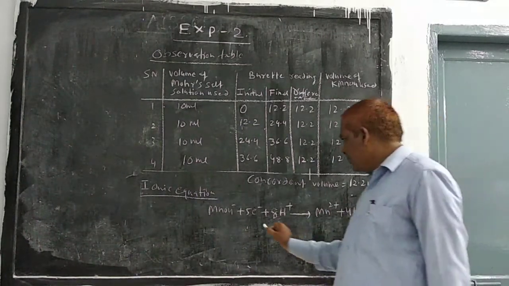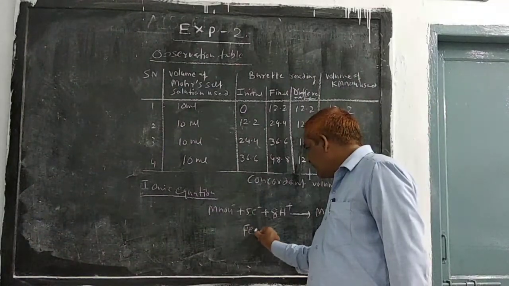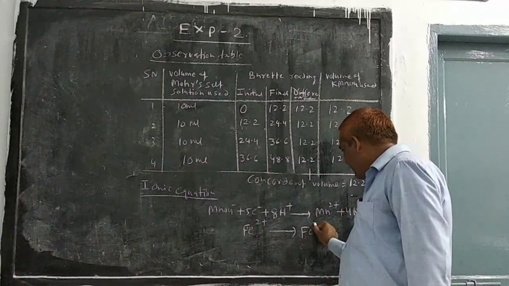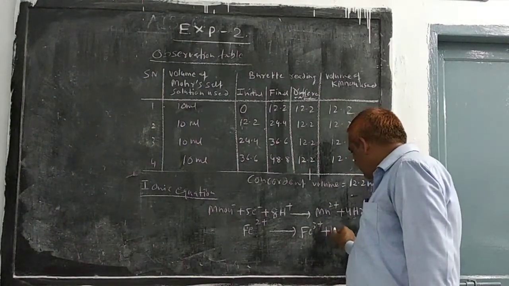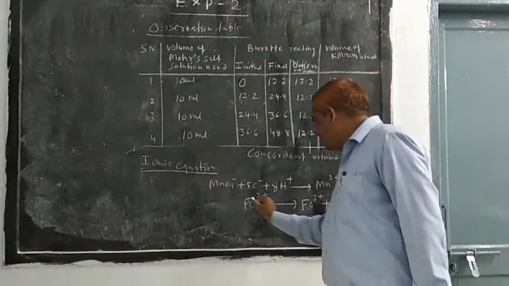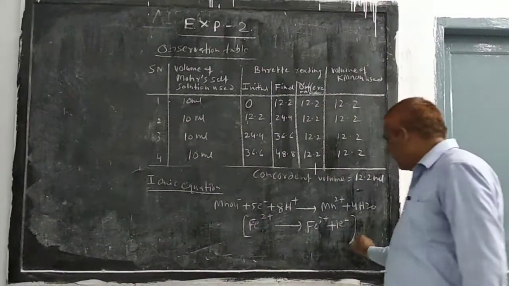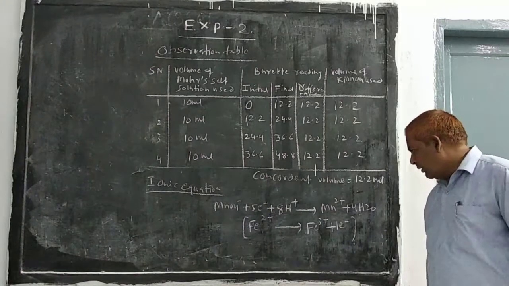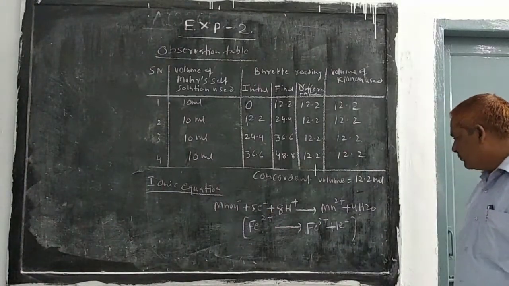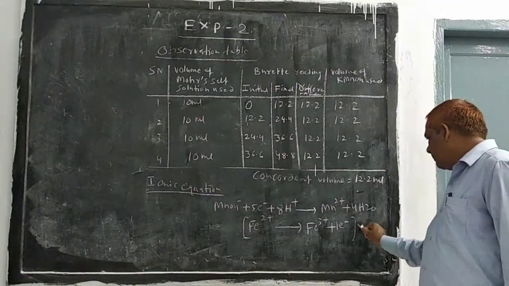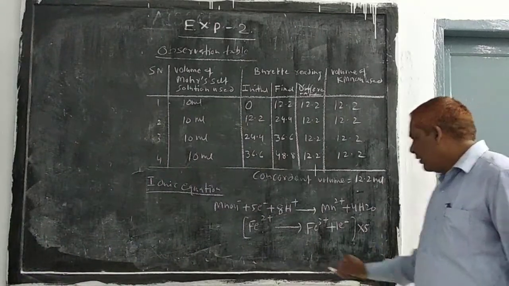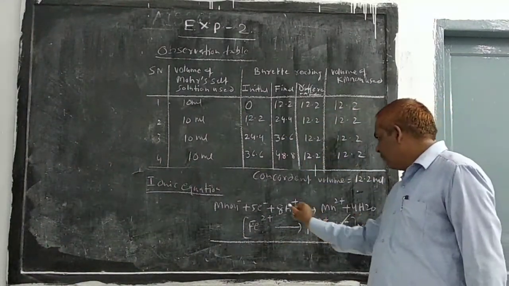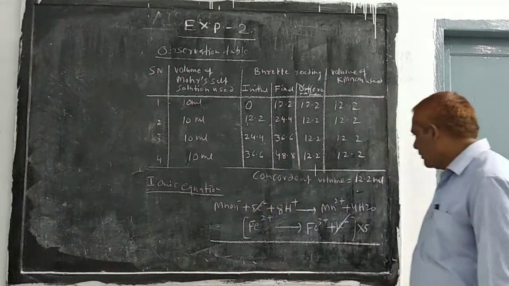For Mohr salt, Fe2+ to form Fe3+ plus 1 electron. To equalize the number of electrons, the number of electrons in the first reaction is 5 and in the second reaction is 1. So by multiplying the second equation by 5, both electrons become equal and cancel out, the 5 electrons and 5 electrons.